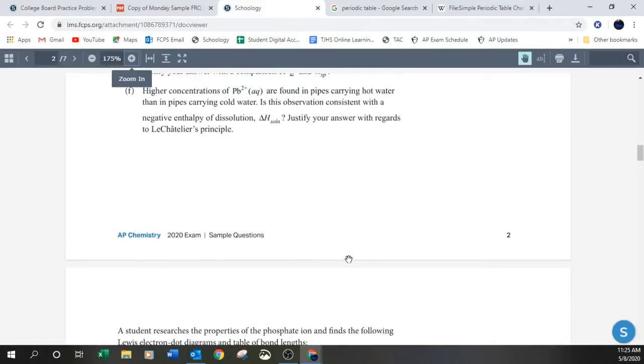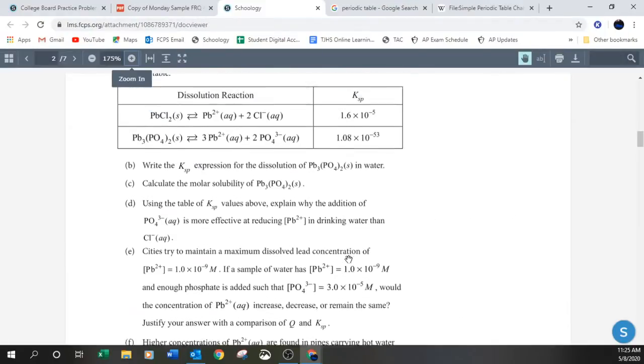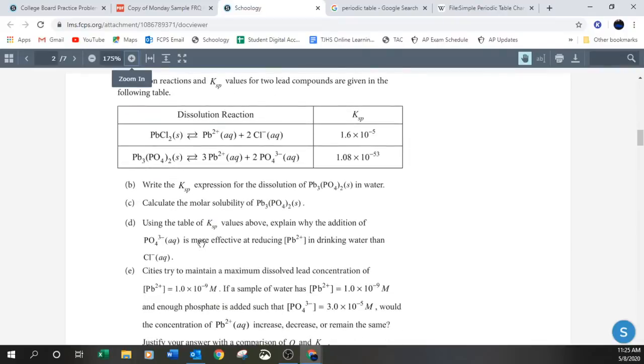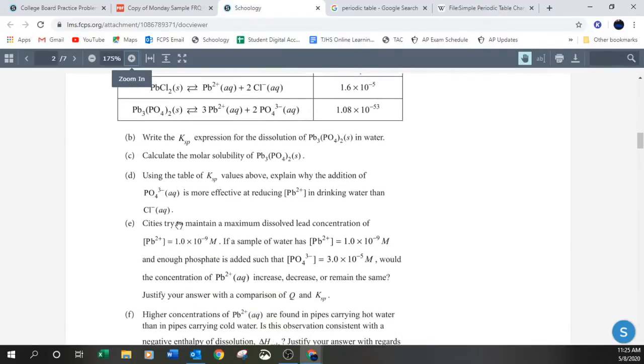Okay, question F. Let's follow the stream through. Lead reacts with chlorine, precipitates KSP of lead phosphate.